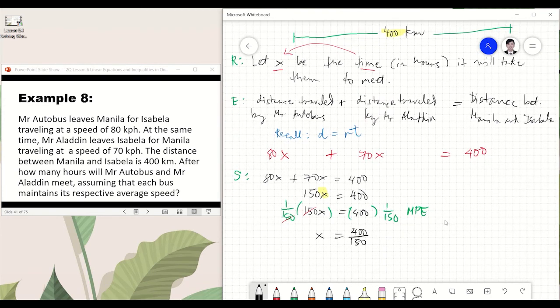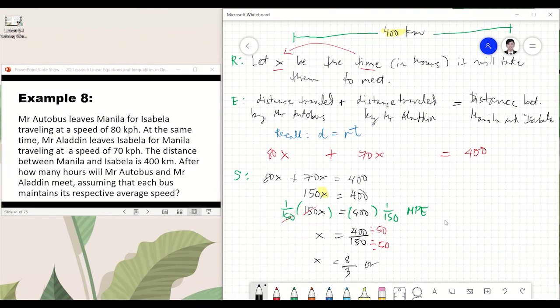Okay. Yung dalawang numero dyan, pwede natin silang i-divide. Okay. Meron silang common factor. Ano ba yung common factor? So meron silang 50 dalawa. So 400 divided by 50, magiging 8. Yung 150 naman, divide by 50, magiging 3. So, para mas maintindihan natin yung meaning ng 8/3, it would be better if we change it into mixed number.